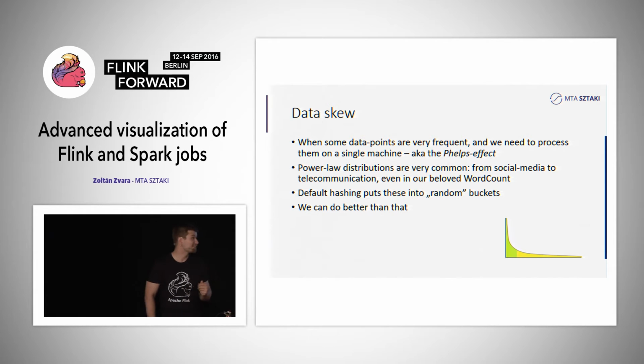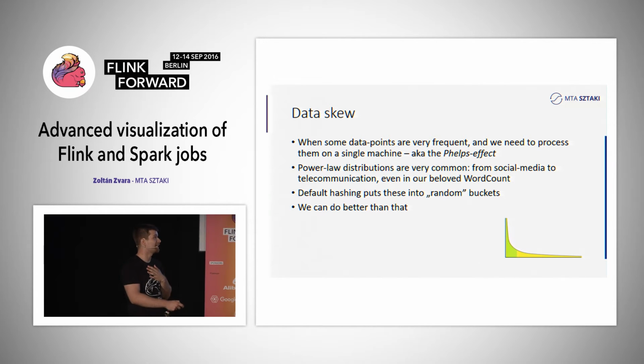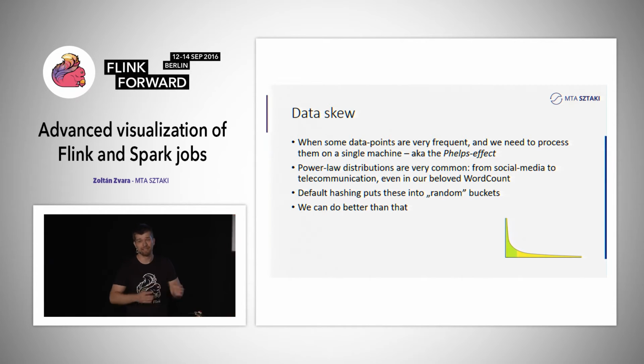Of course, for the sake of this presentation, we can name this the Phelps effect. Some others like to call it the Madonna effect or the Bieber effect in different settings. But that's basically it. We have a power law-like distribution where most of the keys are actually for just a couple of values, and then we have this very long tail.